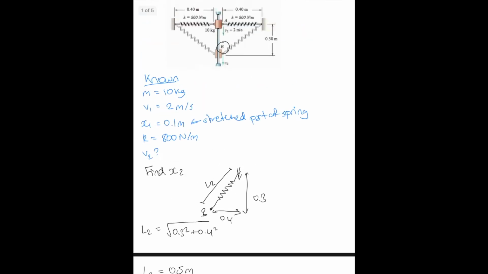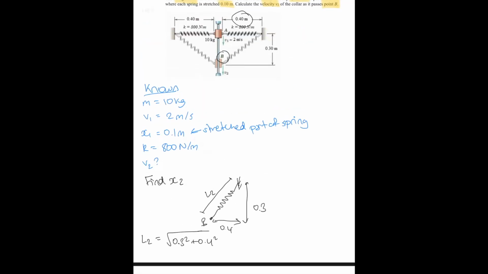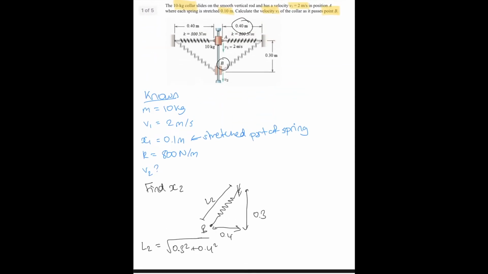Now, to find the stretched part, we're going to go back to point A. Sorry, this is L1, the length from this point to point A, which we know is 0.4.